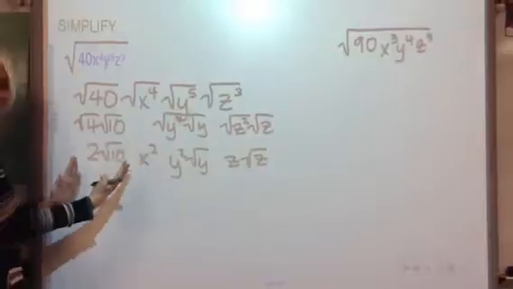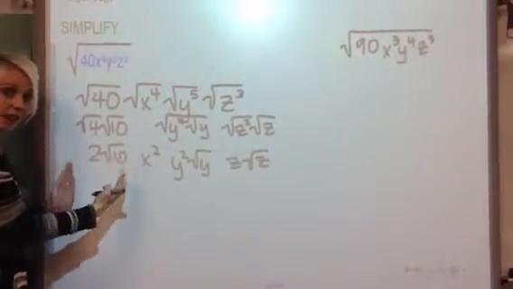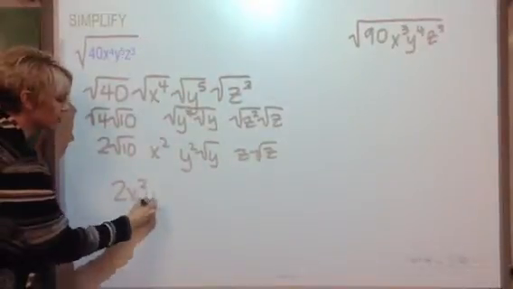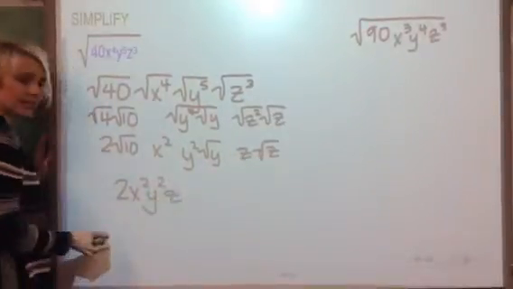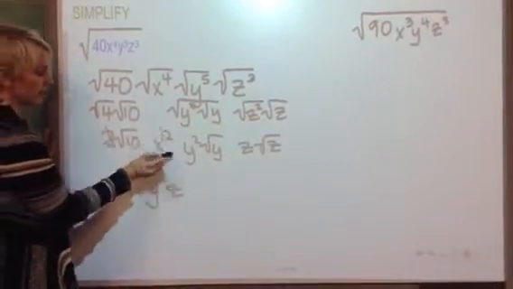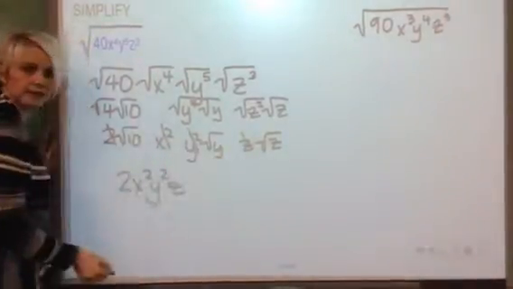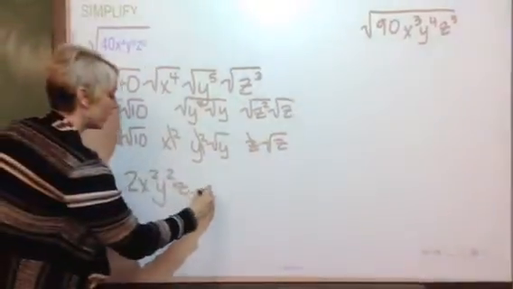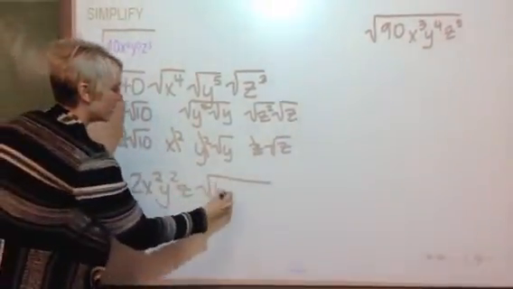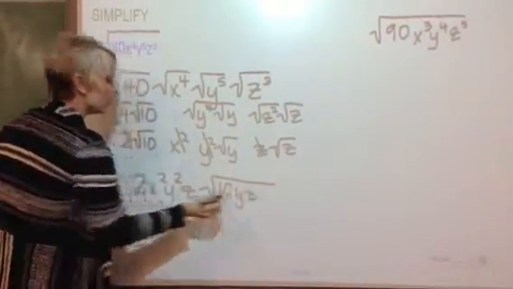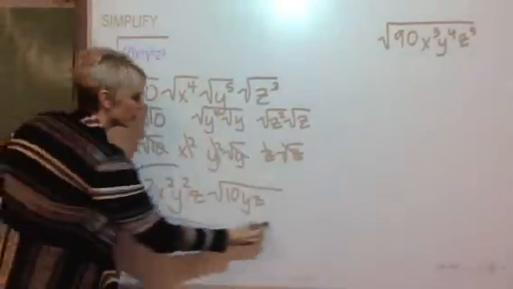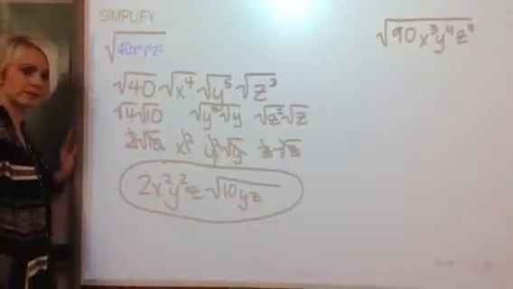Now I put everything that is outside the radical together. 2x squared, y squared, z. Just to double check, got it. Now I put everything that's inside the radical together. Radical 10, y, z. Got it. And this is your simplified form.